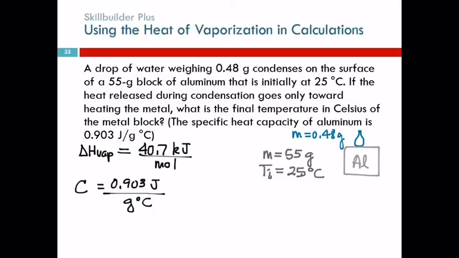So now we have to think about what's happening here. It says, assume that the heat released during condensation goes only toward heating the metal. What's the final temperature? So we're trying to find the final temperature.